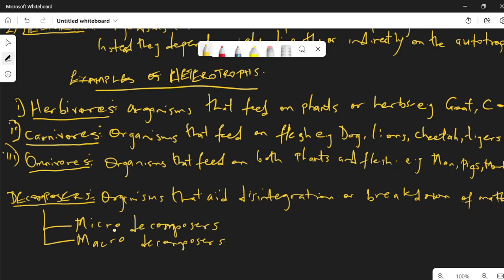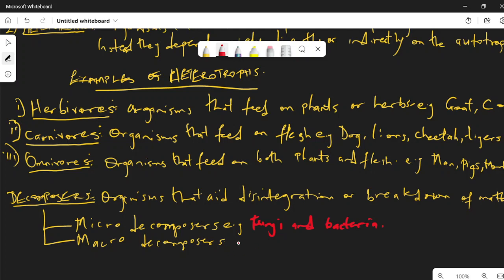The micro decomposers, we have examples of them in the fungi, e.g., fungi and bacteria.